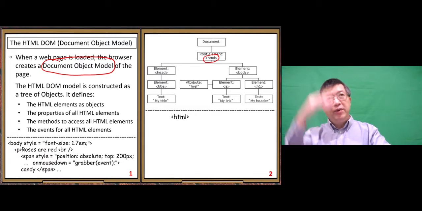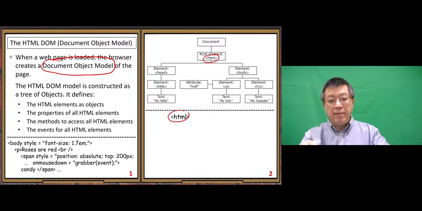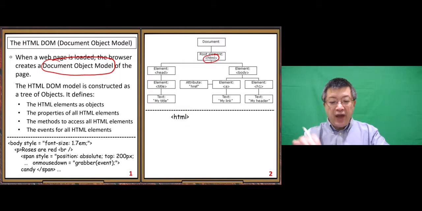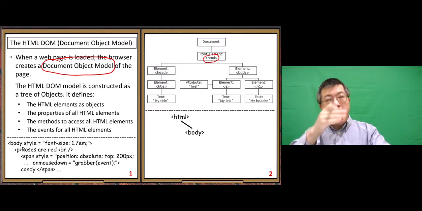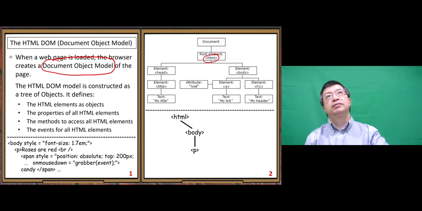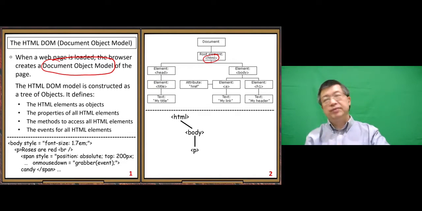We start from the HTML root of this document. From there, when we go down, we get to the body element. Then when we go down, we have the P element. Although there are other elements, we only look at the one we want to manipulate, so we want to get to the exact element.